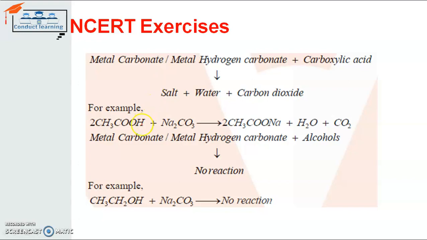That is represented there. This is the chemical reaction for ethanoic acid, CH3COOH, with sodium carbonate. It gives us water, carbon dioxide and the salt, sodium ethanoate. On the other side, if alcohol like CH3CH2OH reacts with sodium carbonate, there is no reaction.